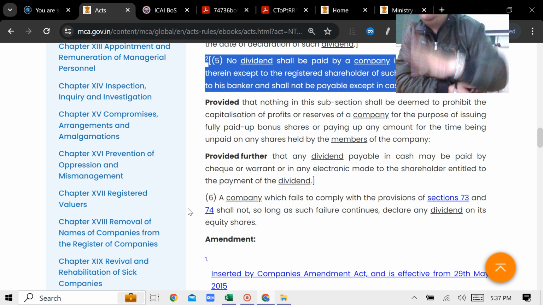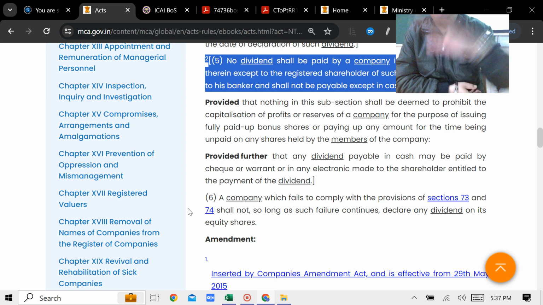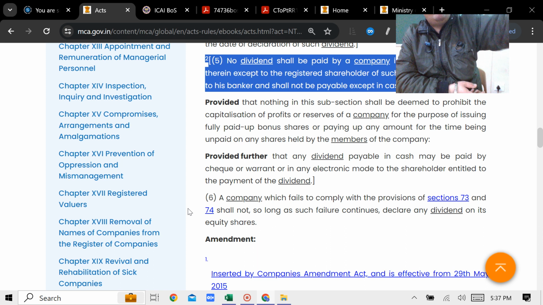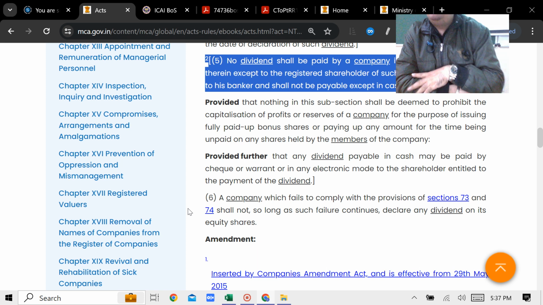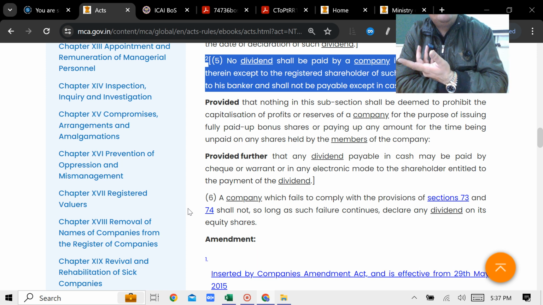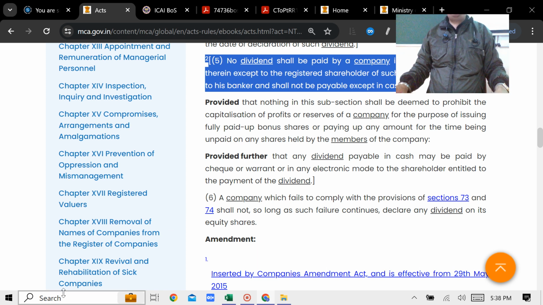First satisfy the deposit holders, and after that, if money is left over, you pay your shareholders. You have cash for the dividend but not for the deposit holders; that doesn't make sense. Am I clear?